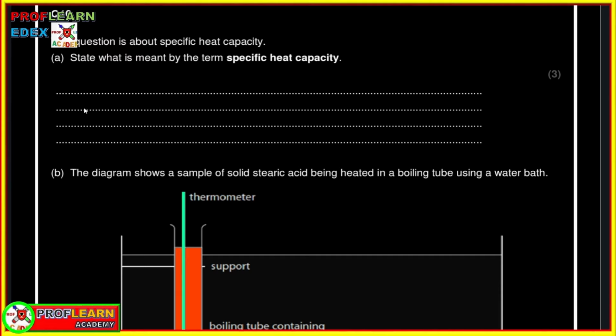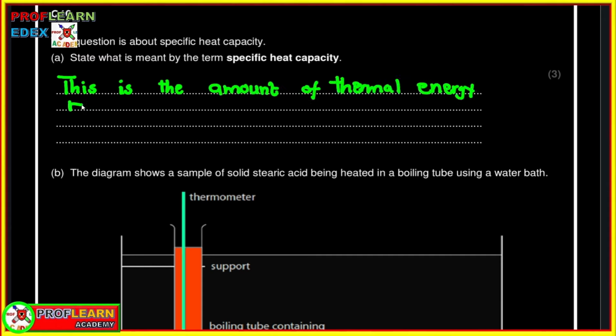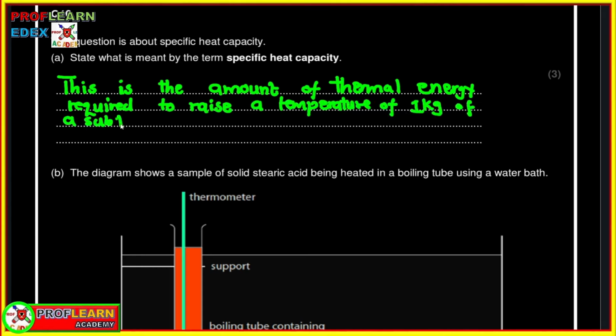So if you are asked what is meant by the specific heat capacity, you're going to say that's the amount of thermal energy required to increase the temperature of 1 kg of a substance by 1 degree Celsius, or by 1 Kelvin.